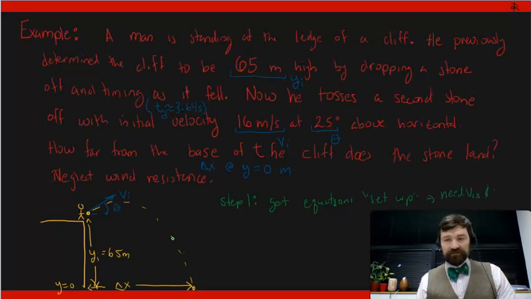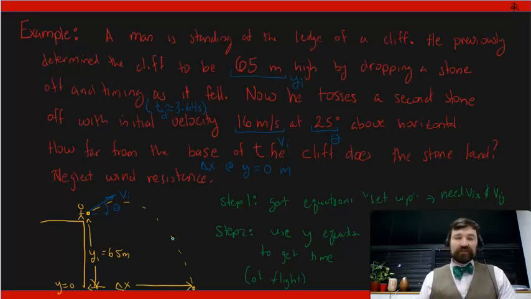Step number 2, once you've done that, is to use the y equation to get time. We are basically solving for the time of flight. There are a few ways you can go about doing that, and I'm going to do the most direct.